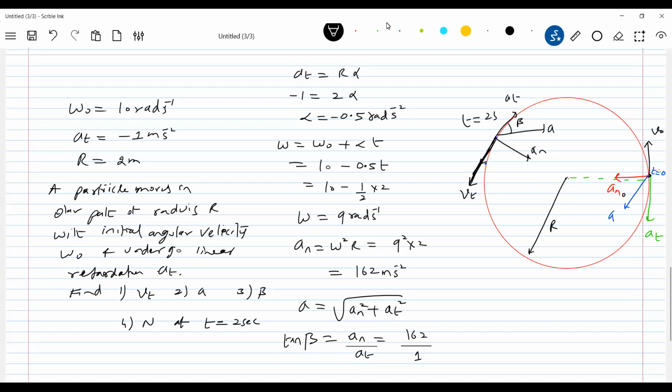Don't show that A normal radially outwards for retardation. Whether acceleration or retardation, A normal will be towards the center only. Okay, so this is about the A tangential.